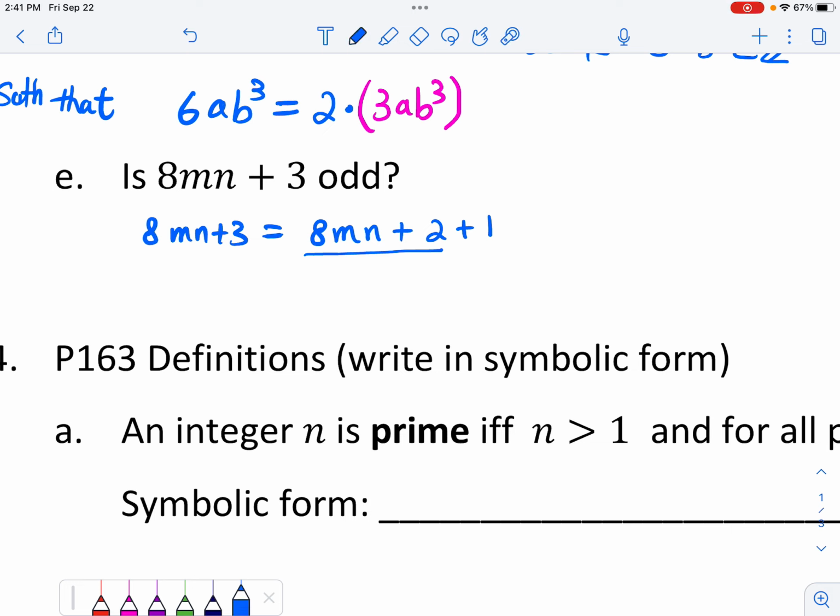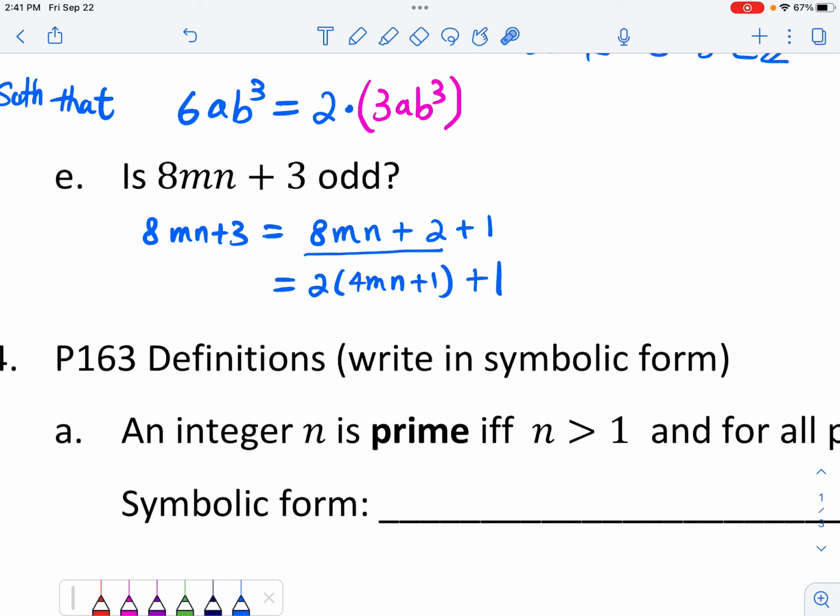And then this is equal to 2 times (4mn plus 1) plus 1. Do you see the k? I hope that you're able to call this k. This is an integer. Because m and n are integers, the product is an integer, and adding integers gives an integer. So therefore, this is in the form 2k plus 1, right?